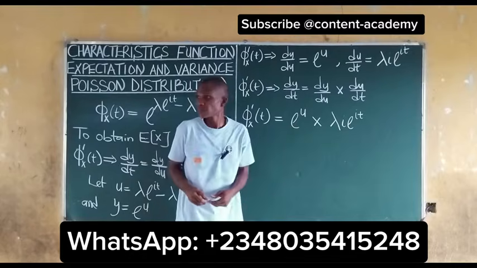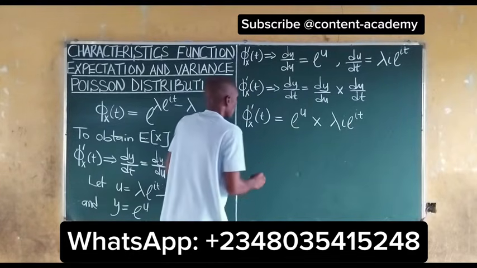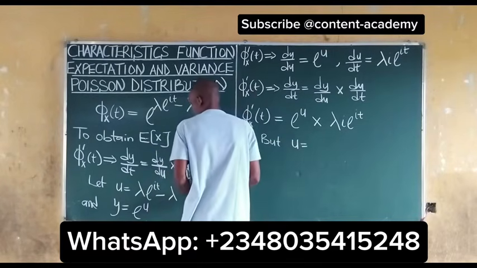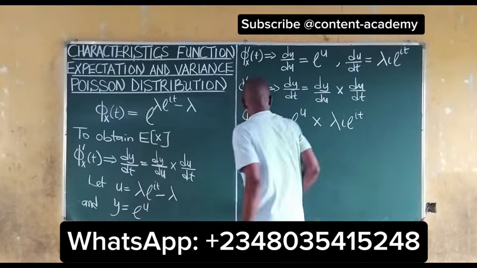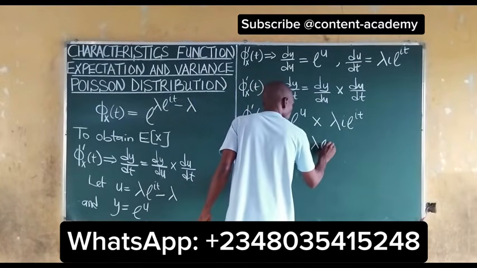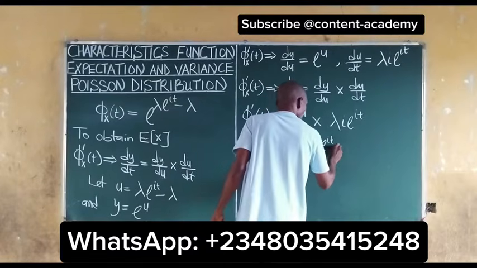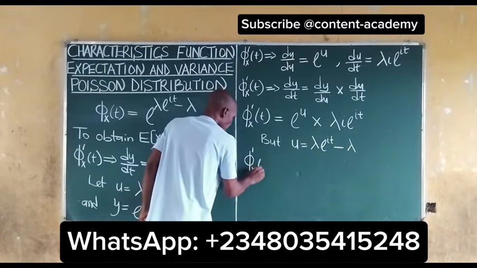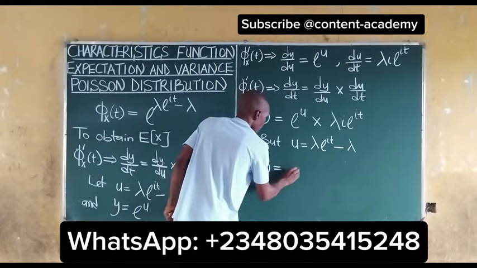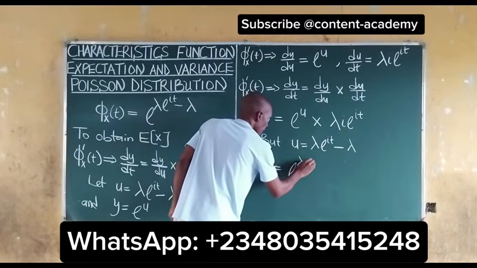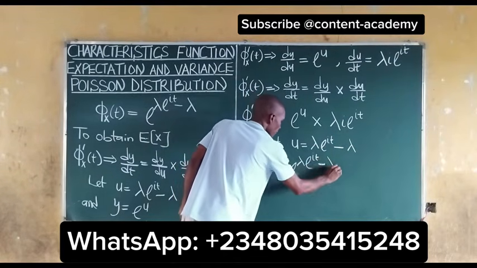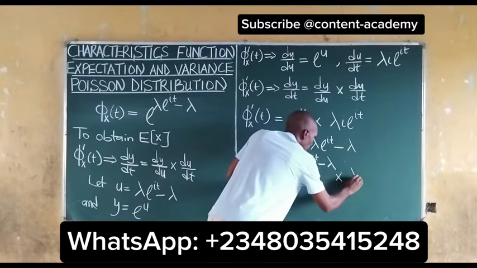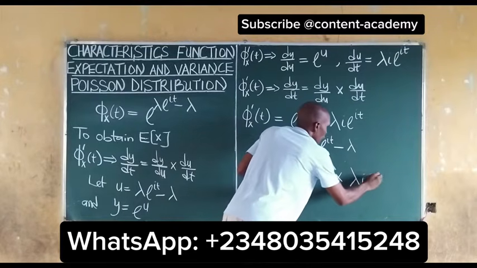But our u is lambda exponential it minus lambda. So our first derivative is exponential of (lambda exponential it minus lambda), multiplied by lambda i exponential it.